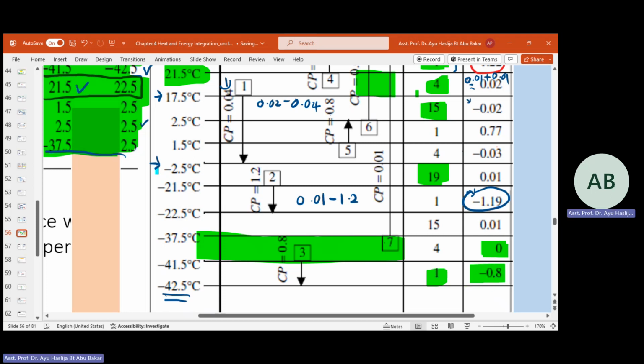Now, last one, negative 0.8. Why do you think negative 0.8?